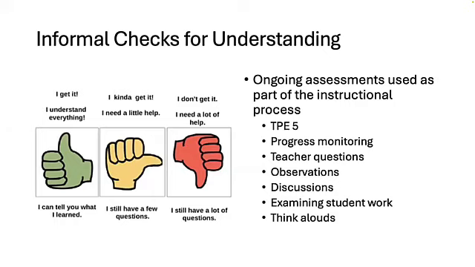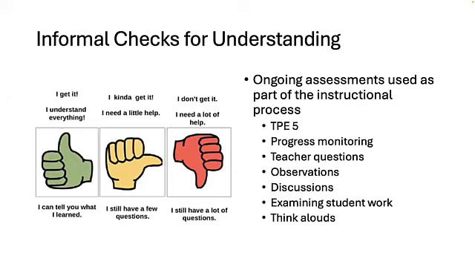So here, you want to not only do academic prompts and performance assessments, but also informal checks for understanding meet the TPE 5 requirement. It's also for progress monitoring. Like I just said, you're going around, you're seeing if the kids understand the task. You see if students understand the product of the task that they're supposed to construct.